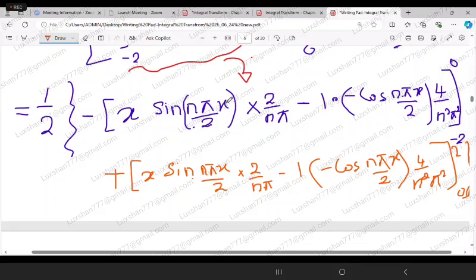Now, if I substitute x equal minus 2, then this becomes cos n pi. Because the x equal 2 and these two get cancelled, that becomes 0. So this part is going to be 0. When I substitute x equal minus 2 here, that minus 2 gets cancelled with this one. This is a cos function, therefore minus is not a problem. Therefore we get cos n pi. But here it is minus into minus is plus.